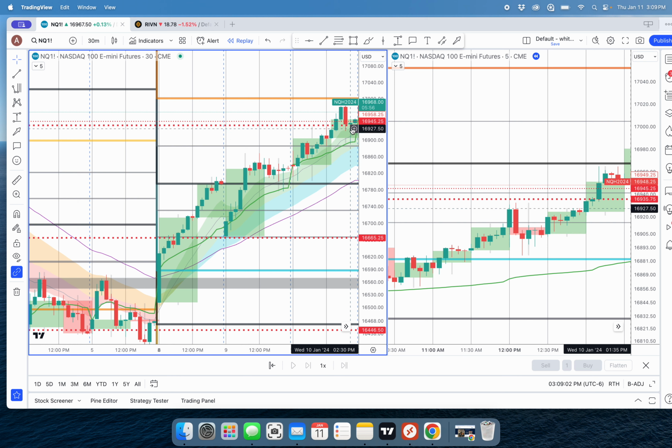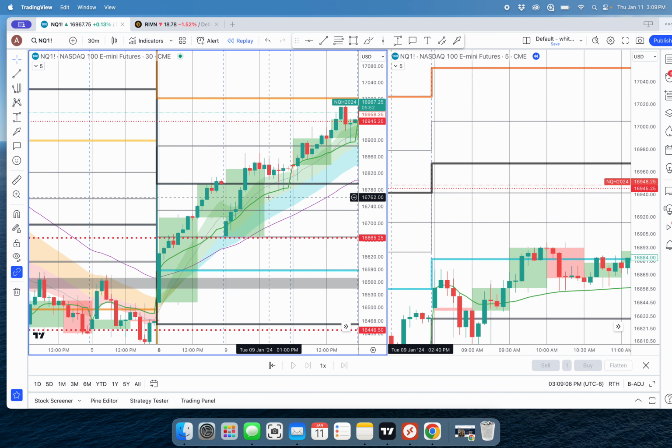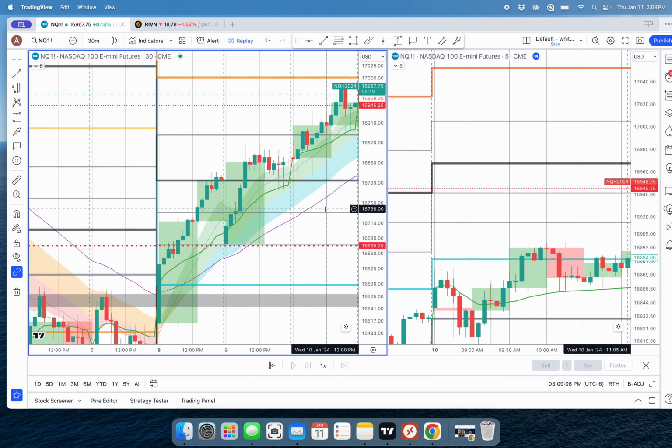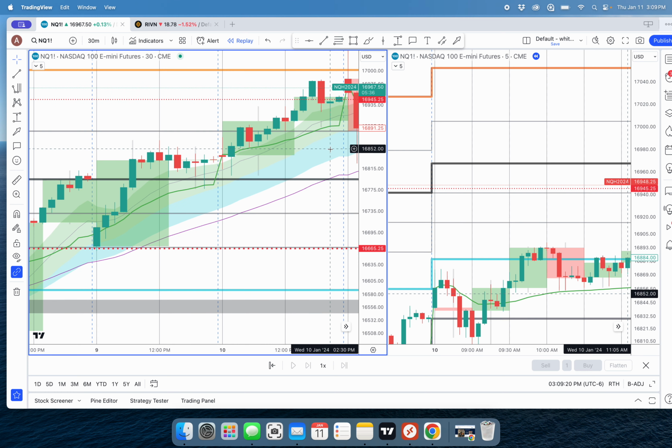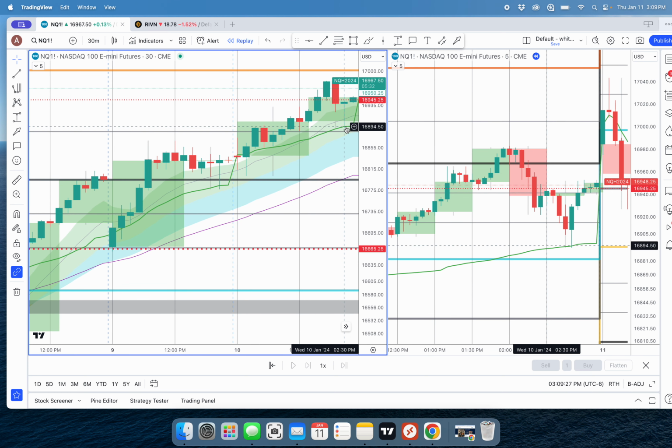So with that said, actually I'm going to delete this. I'm going to show you. Also, anytime you see wicks, a lot of times wicks tell you that there's some buying going on. So right here you see that they dropped it, and then you see there's a wick. So they bought it up right here and then continued.